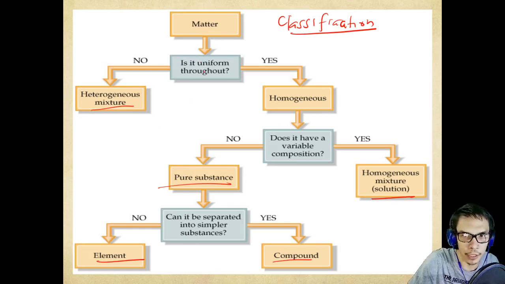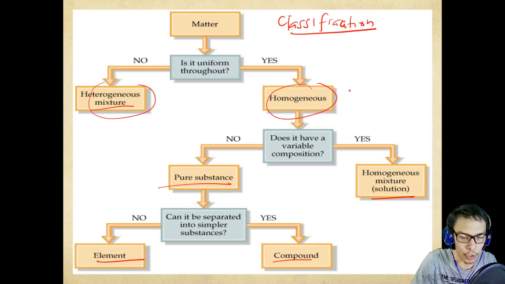If you start classifying matter in terms of uniformity, there is what they call heterogeneous mixture, and homogeneous mixture. If you take a closer look at its composition, if it is variable, that is a solution. If the matter doesn't have any variable composition, that is a pure substance.